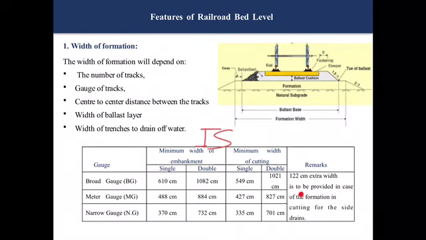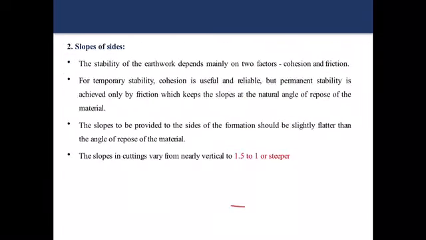One more thing you should see here is that when the formation is taken in cutting, an extra 122 centimeters of width is provided, because in cutting additional side drains have to be constructed. So for the construction of these two side drains, we require additional width. This provision is made when the formation level is taken in cutting.